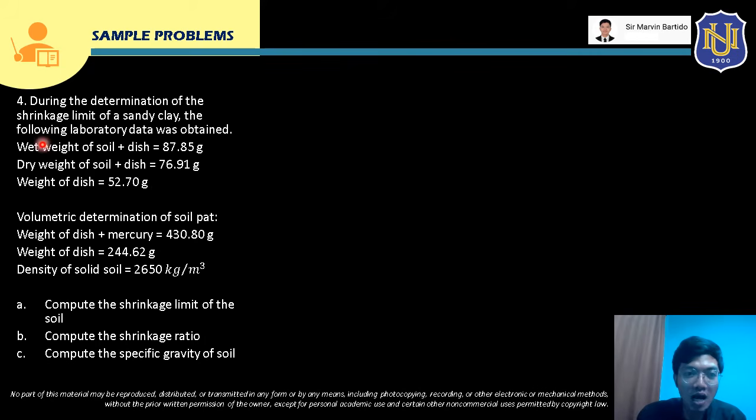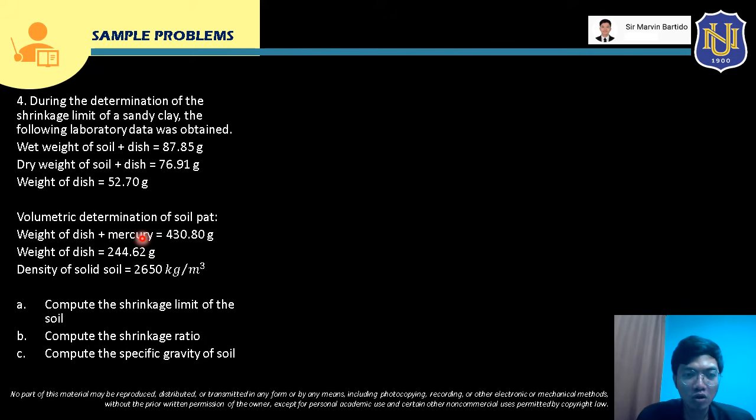So, ito class yung mga weight no, na kailangan natin. And then class for the volumetric determination of soil pat, ito na class yung mga given. Yung weight of dish plus mercury ay equal sa 430.80 grams. Yung weight ng dish ay 244.62 grams. So class itong mga binigay na weight dito class nung mercury.